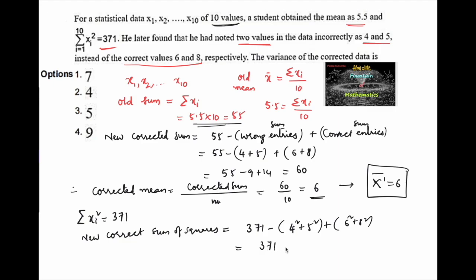So 371 minus 41, since 25 plus 16 is 41, and 8 square plus 6 square is 100. So 471 minus 41 we get 430. So the new correct sum of squares is equal to 430.